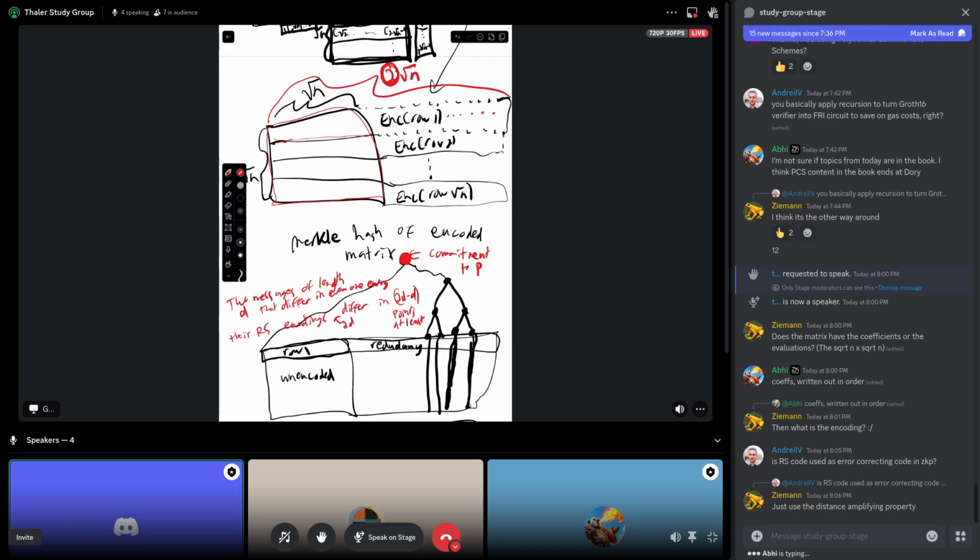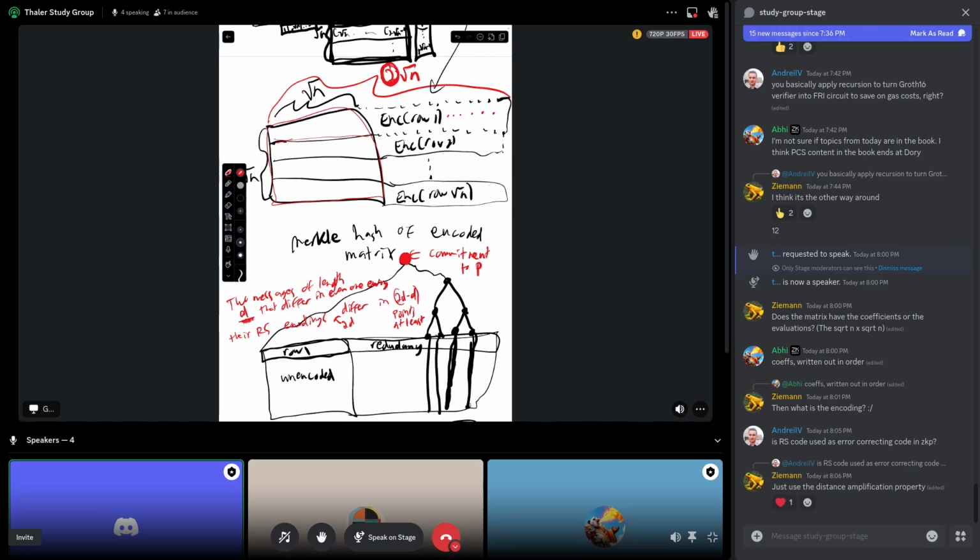Right. And why is that? It's because any two degree d polynomials, if they're not the same polynomial, can only agree at most d minus 1 points or whatever it is. And so the fact that two different code words in this code have to be very far from each other literally is the same thing as Schwarz-Zippel. And Schwarz-Zippel is used everywhere in SNARK design, not just with pairings, not just with curves.